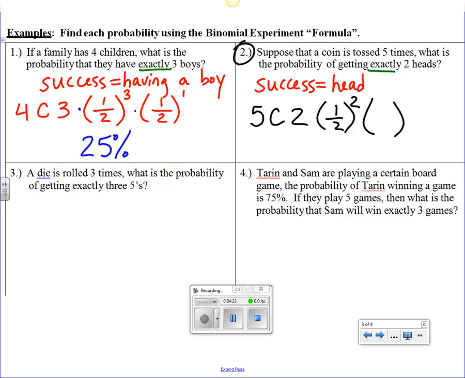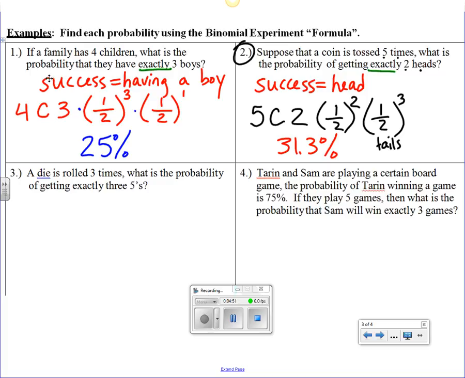What's the opposite of tossing a coin and getting a head? It's getting tails. What's the probability of getting tails? Also 1/2. If you're tossing it 5 times and you get 2 heads, how many tails would you get? You would get 3. So you type that in your calculator: 5 choose 2 times 1/2 to the second times 1/2 to the third, and you get 31.3%.